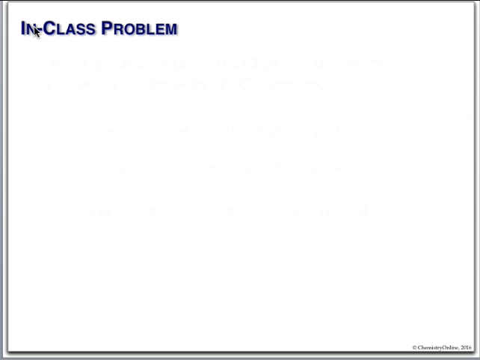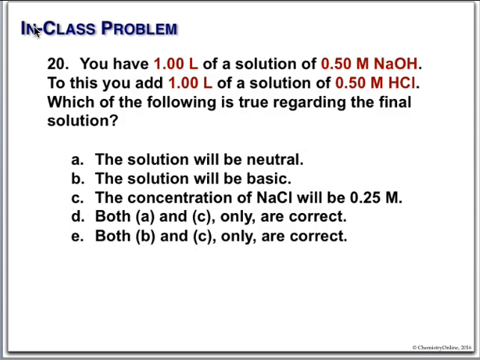And our last one here. We have 1 liter of 0.5 molar sodium hydroxide. To this, we're going to add 1 liter of 0.5 molar HCl. Now, what happens when a strong acid and a strong base mix?